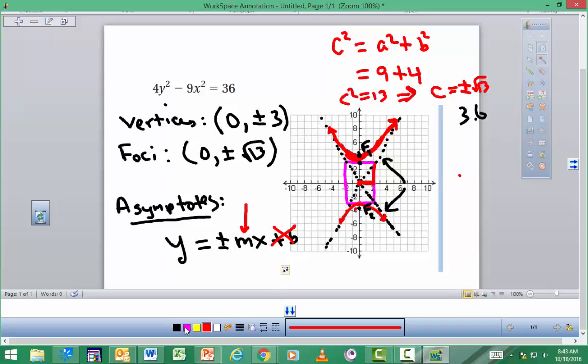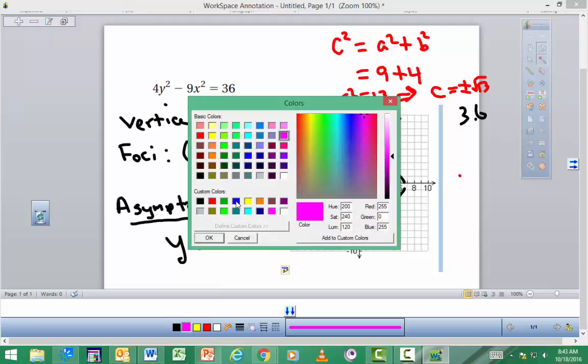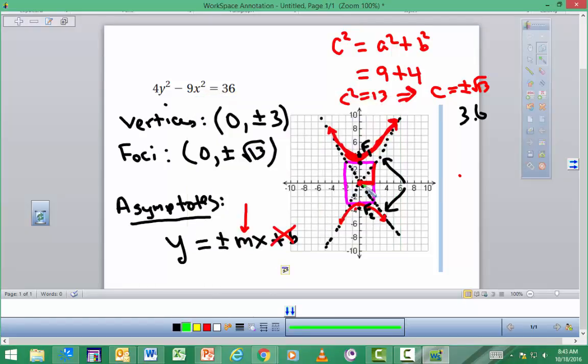How far is your run? Hopefully you can see here, the run is 2. How much is the rise? 3. So the slope is 3 over 2. So the equation of that line then is simply plus or minus 3 over 2 x.